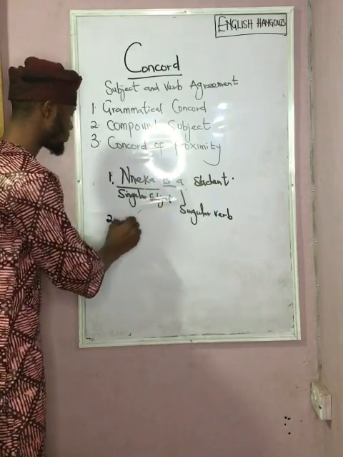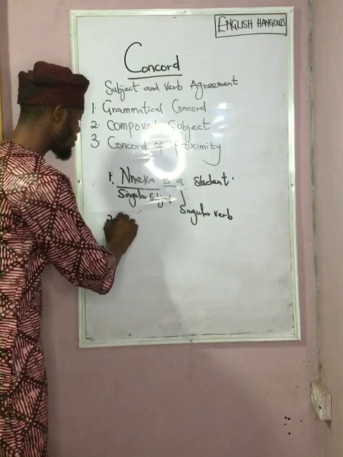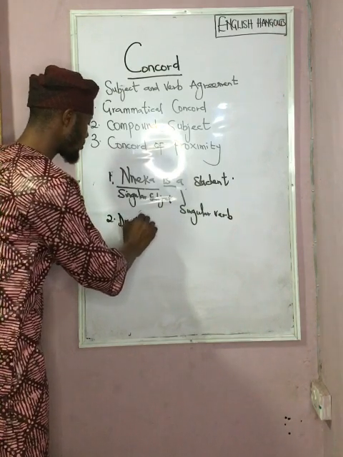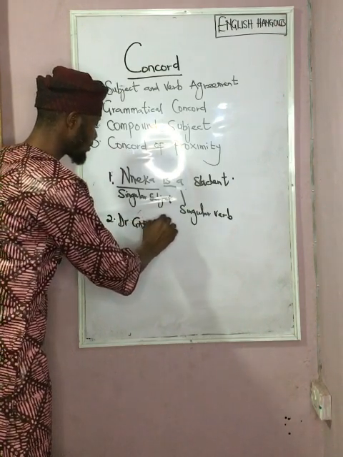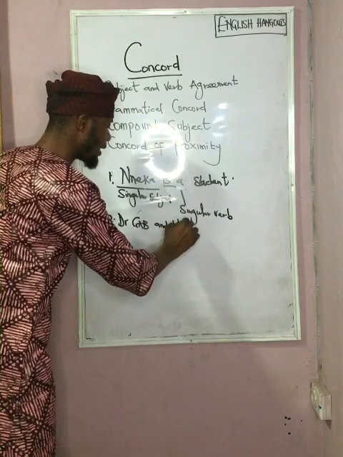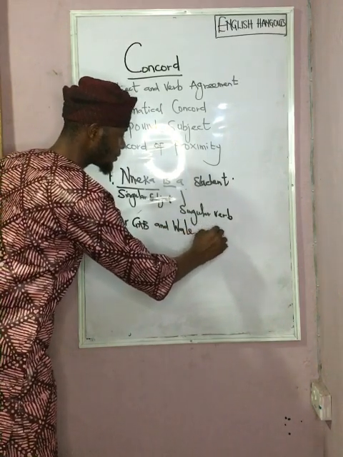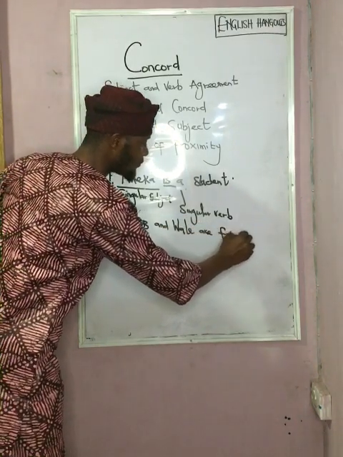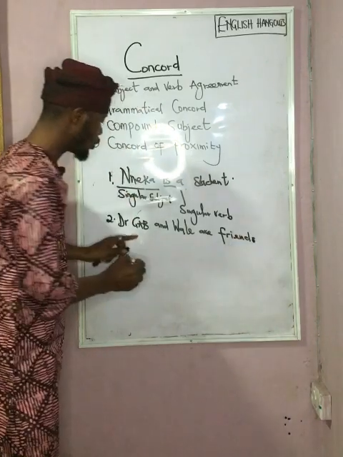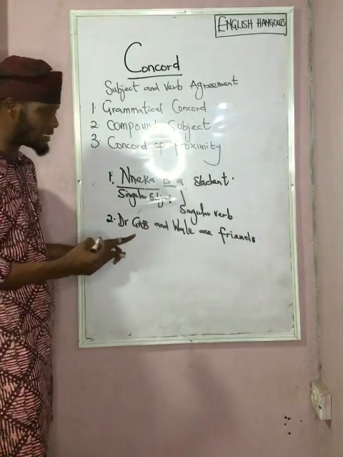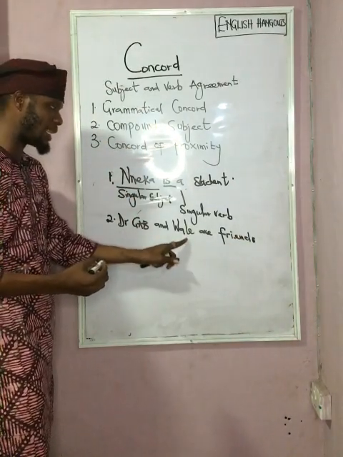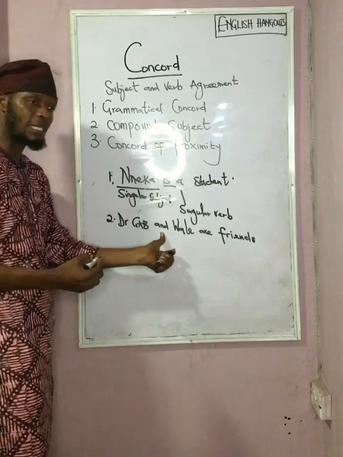Sentence 2: Dr. Gab and Wale are friends. Dr. Gab is an entity. Wale is an entity. This is being connected by and.